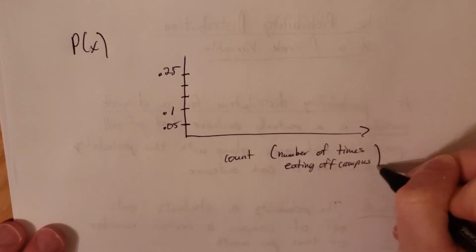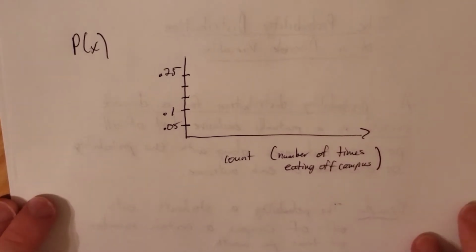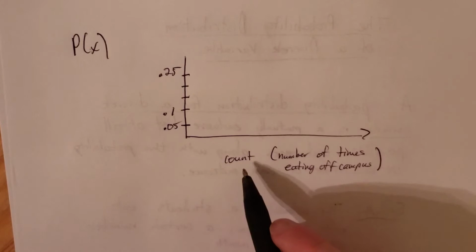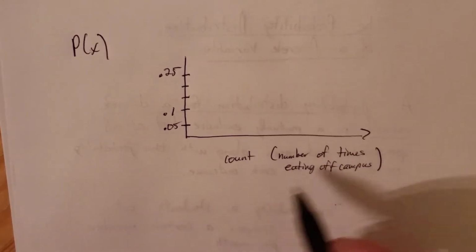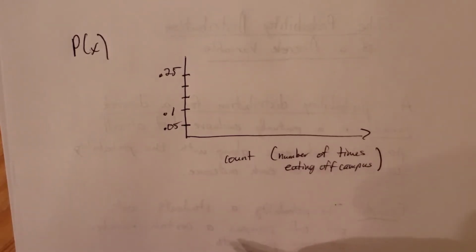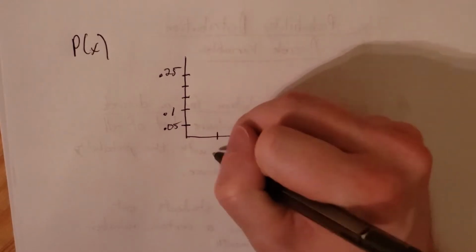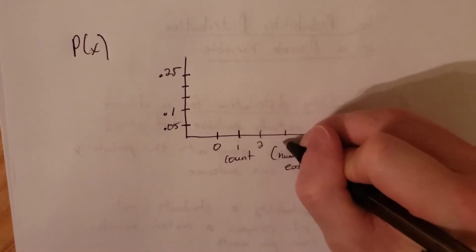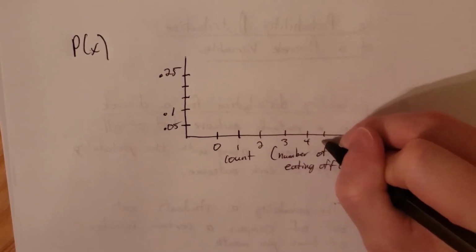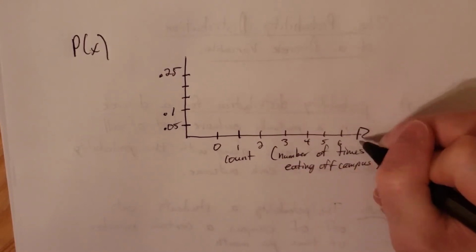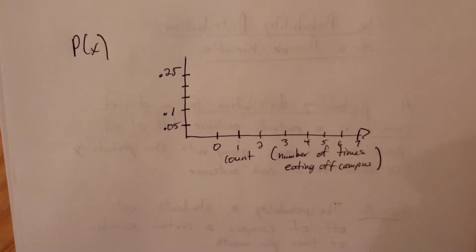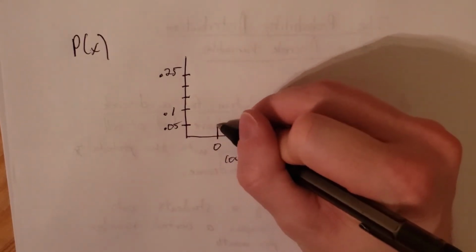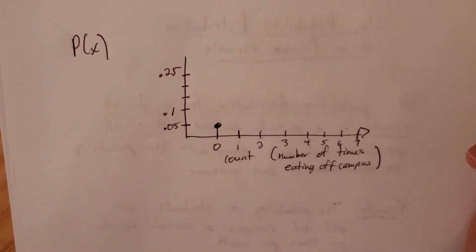But in general, what would that be? Again, that would be our count or our integers along the bottom here. So 0, 1, 2, 3, 4, 5, 6, 7. And we just have a vertical line to represent the probability.